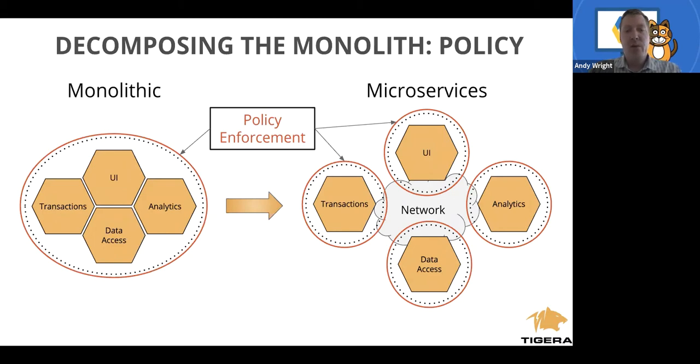And so that was a pretty good model. With microservices, now since the communication is all occurring over the network, policy enforcement really has to come down to the level of each one of the microservices. And we'll talk about how to do that today. But this is fundamentally the reason why network policy exists.